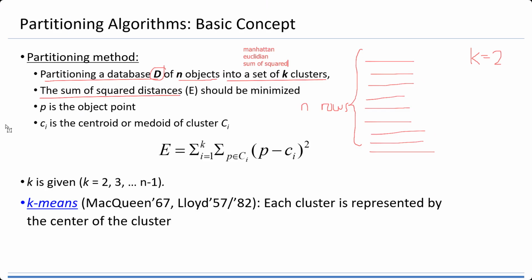The basic concept here is that the sum of square distance should be minimized, so the number should be minimum.